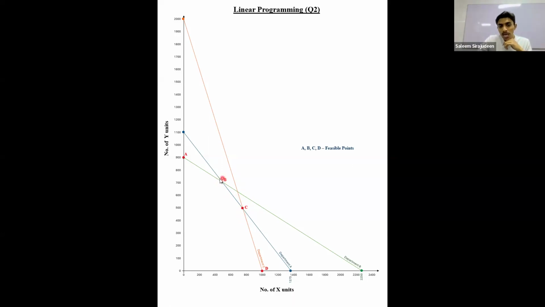So now tell me, first of all, B. When it comes to point B, what are the two limiting factors you have at this point? What are the two constraint lines intersecting at this point? You see, department A, which is the blue line, and department B, the green line, which means at this point you have only two limiting factors, department A and department B. Department C is unlimited.